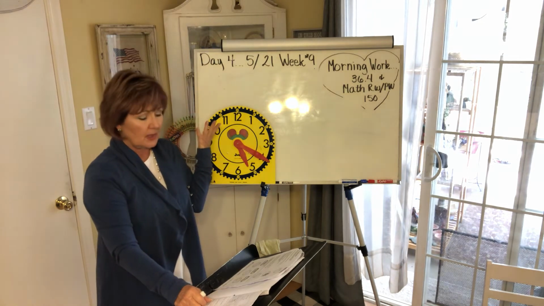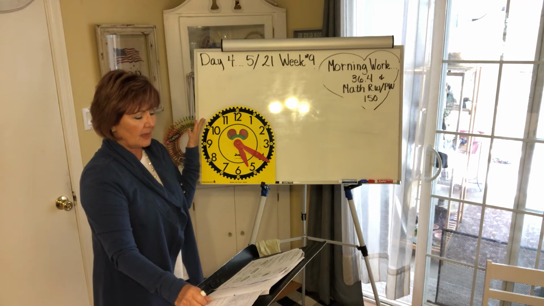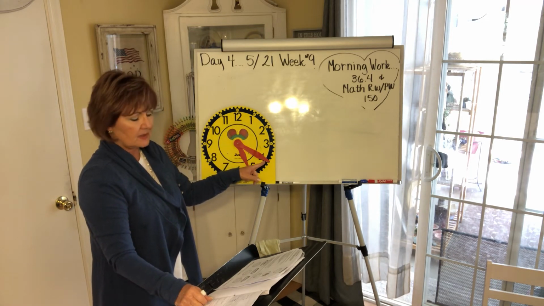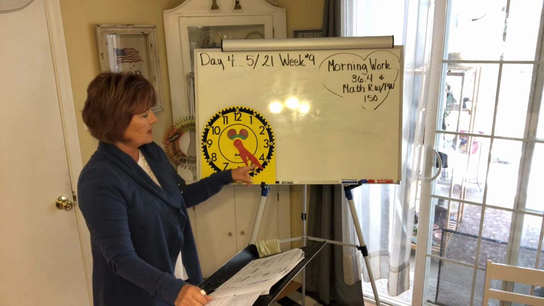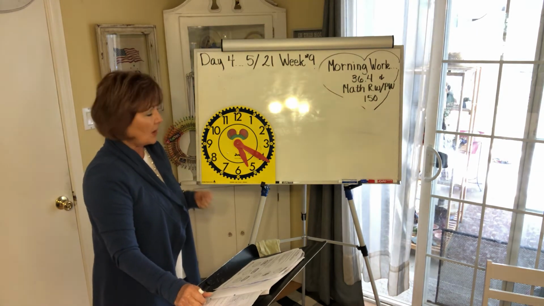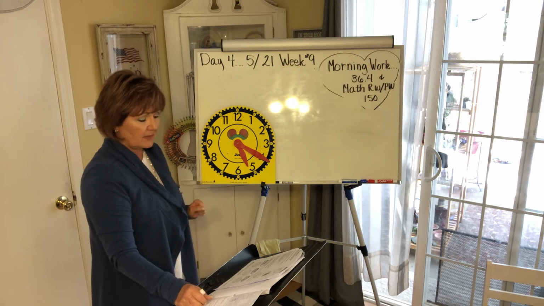You're just simply counting by fives. You have to skip count 4 times, 1, 2, 3, 4, to get to the 20. So the minute hand is on the 4. 5 times 4 is 20, right? Or 4 times 5, in this case, it'd be 4 times you've counted by fives.